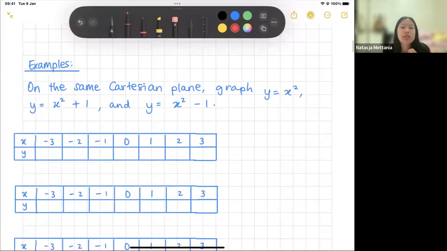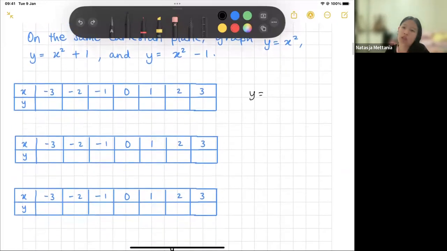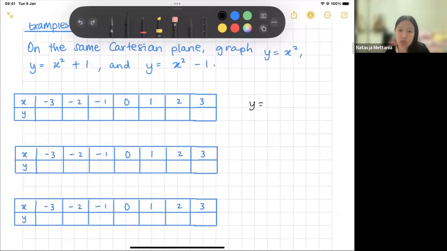Now, let's go into an example. On the same Cartesian plane, graph y equals x squared, y equals x squared plus 1, and y equals x squared minus 1. The simple thing is to use a table of values. I've got 3 equations, so I'm going to draw up 3 tables of values to show those 3 equations.